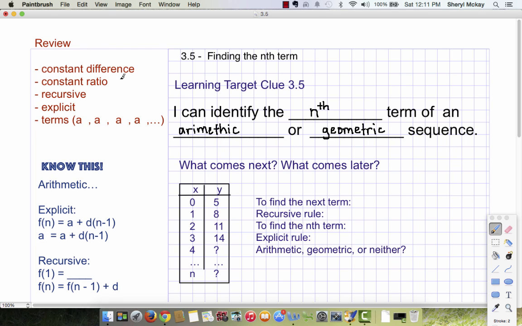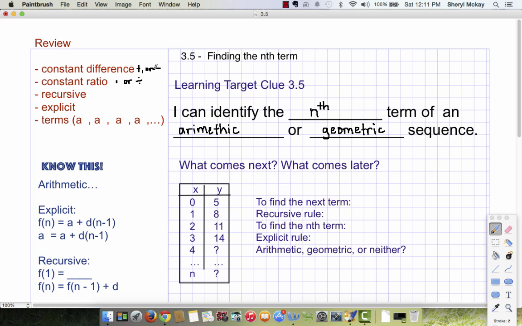So let's very quickly review a couple things here. We've got a constant difference, and remember, a constant difference is used in arithmetic sequences. It's either plus or minus, right? And it's the same term that's either added or subtracted to get to each subsequent term. We have a constant ratio, which is multiplying or dividing, or we can say multiplying by a fraction, and that's in geometric sequences.